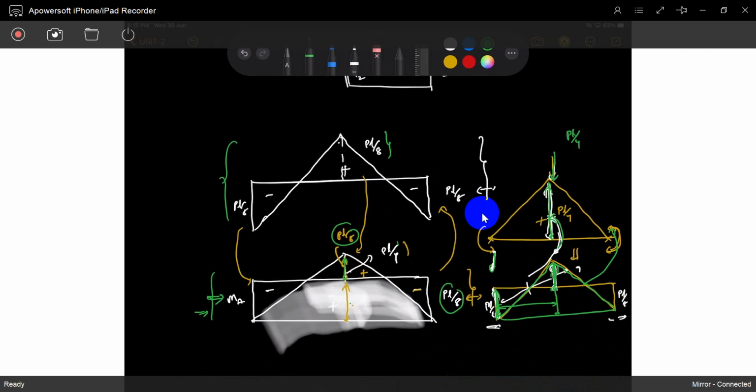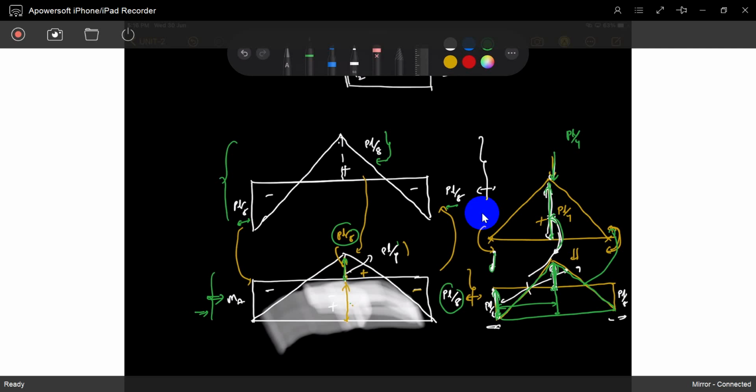It is PL by 8 only. So the maximum moment is decreasing, so the acting moment is decreasing. Then you can easily select the members. To resist that moment, you can select members which have less thickness compared with simply supported beams. So the maximum moment on the beam is PL by 8 only.